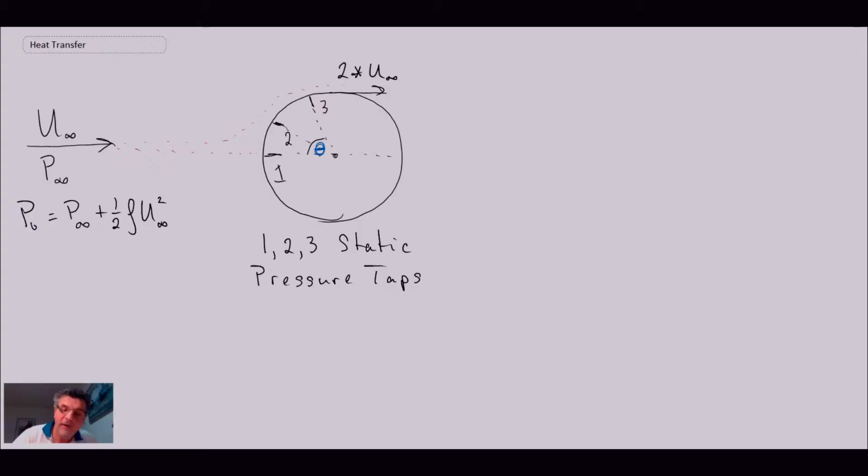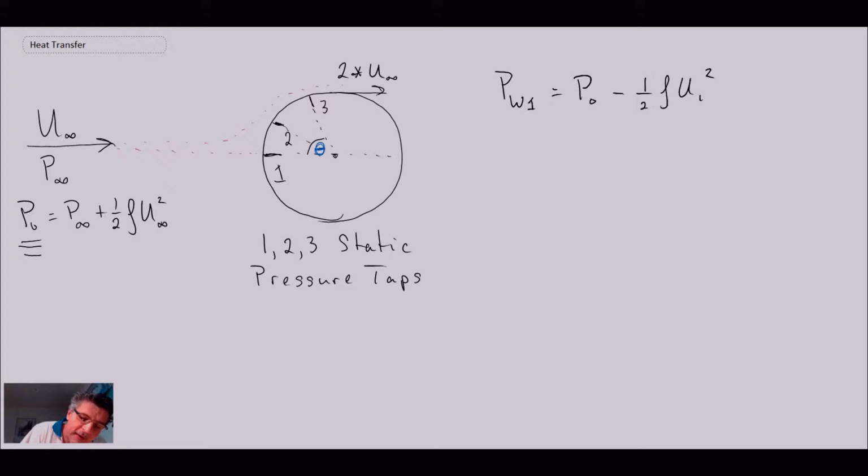But with these static pressure taps, we can say the static pressure at the wall at location 1 is the total pressure, which we calculated out here, minus 1/2 rho u1 squared.